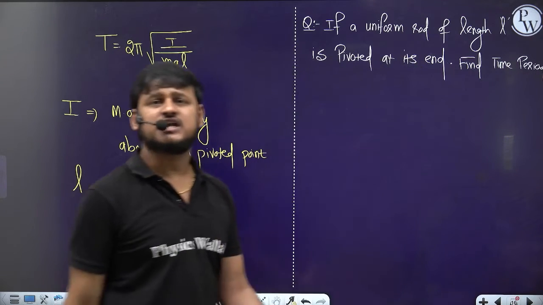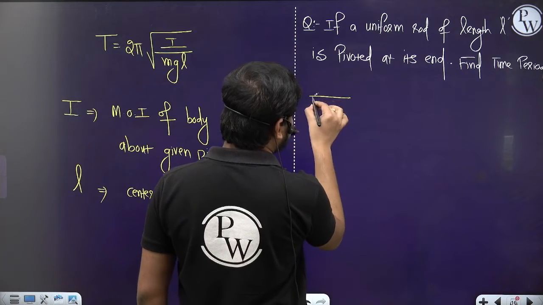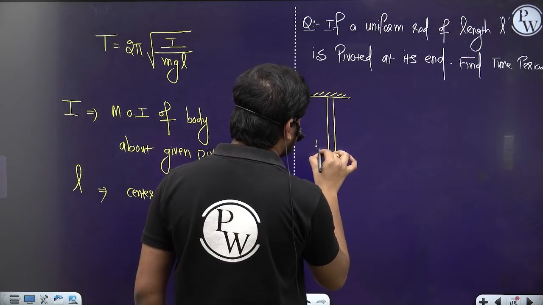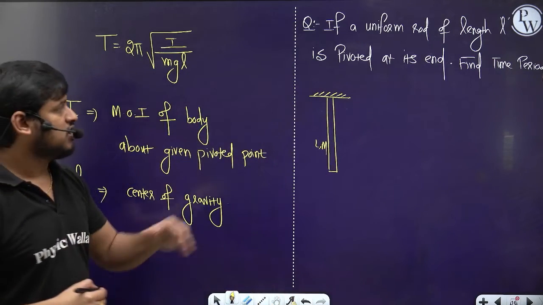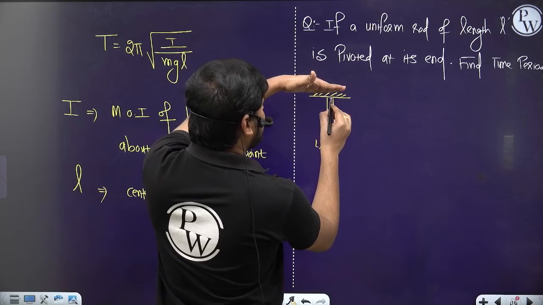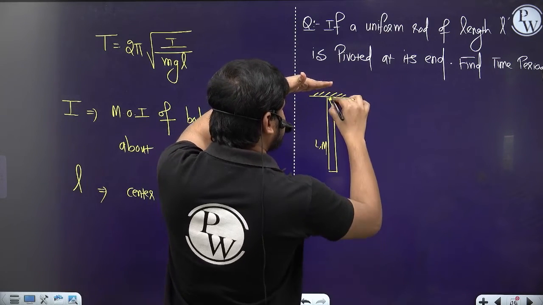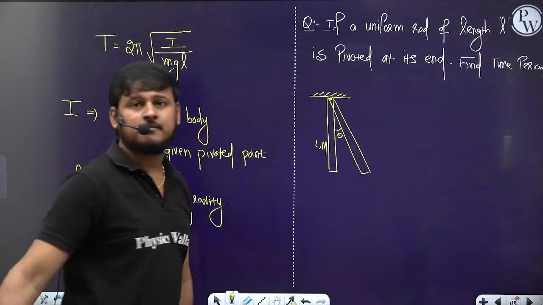So this is a fixed point, and a uniform rod of length L and mass m is hanged from this fixed end. From the pivoted point, it is given some angular displacement theta.